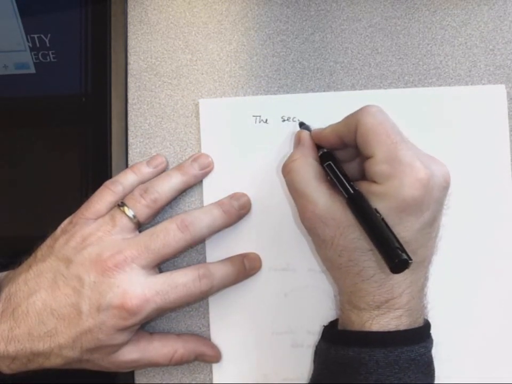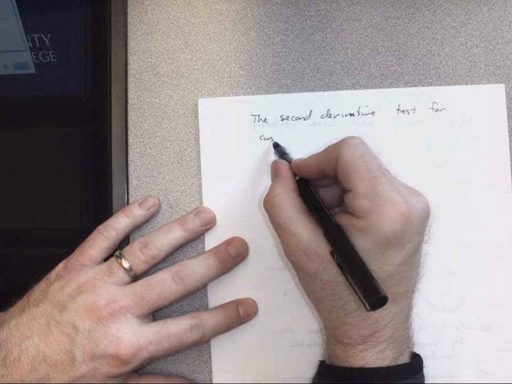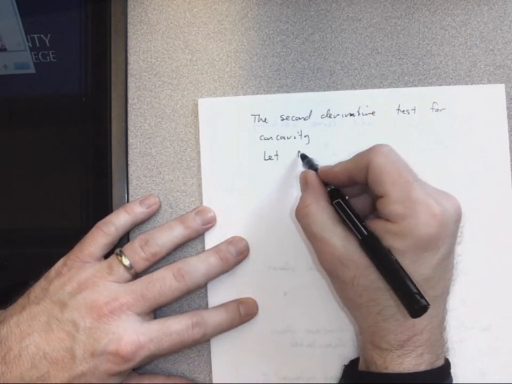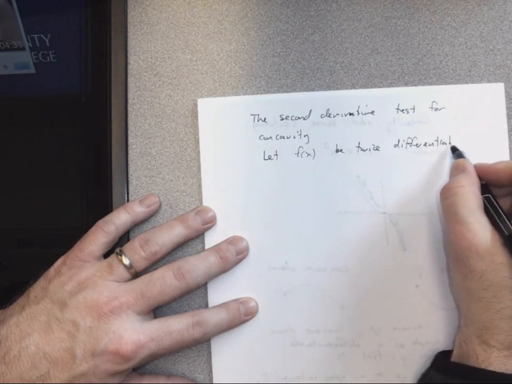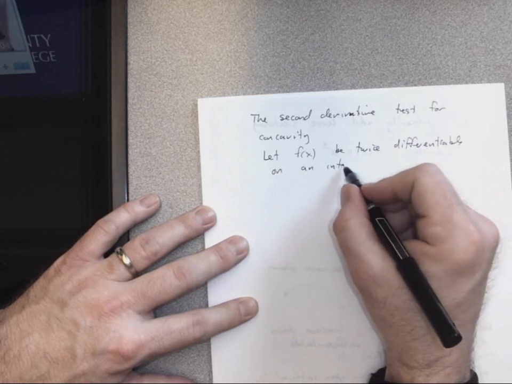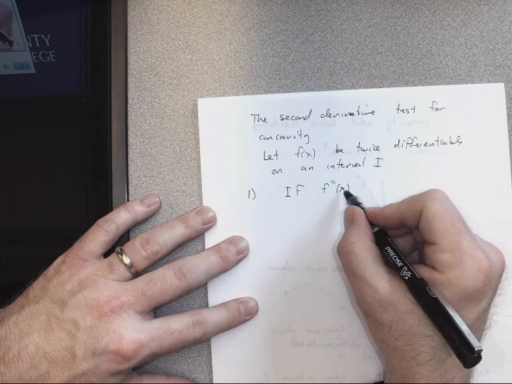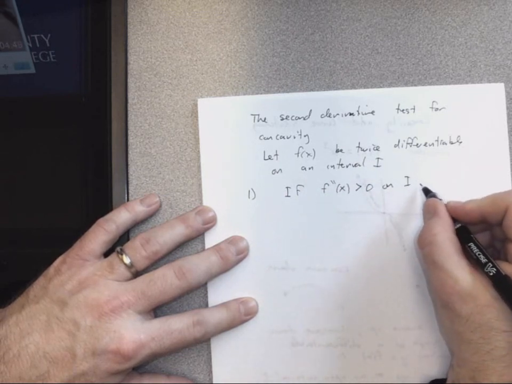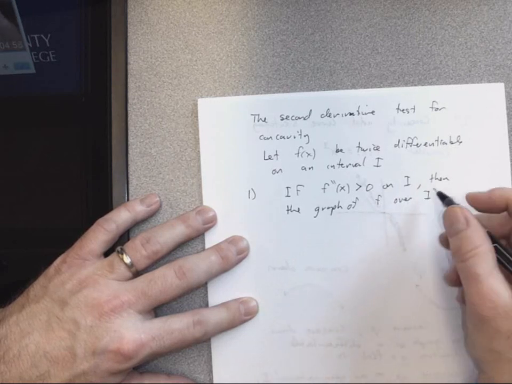So we have a test to be able to do this, and this is called the second derivative test. Let f of x be twice differentiable, meaning it has a second derivative, on an interval I. A: if f double prime of x is greater than 0 on I, then the graph of f over I is concave up.